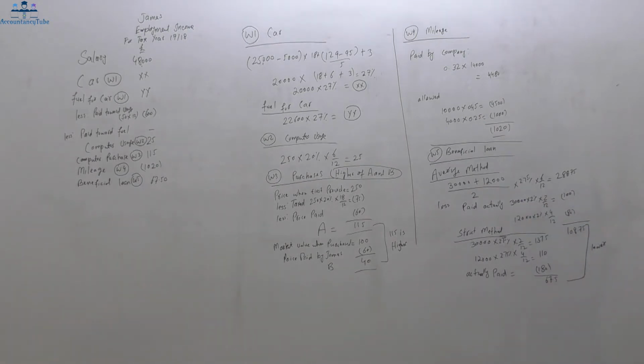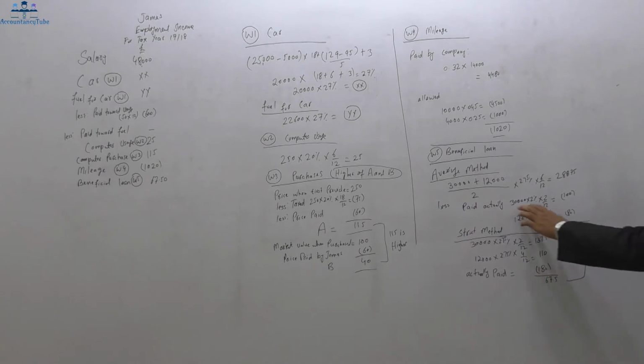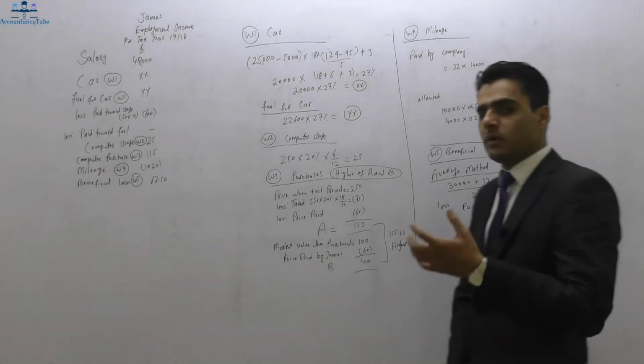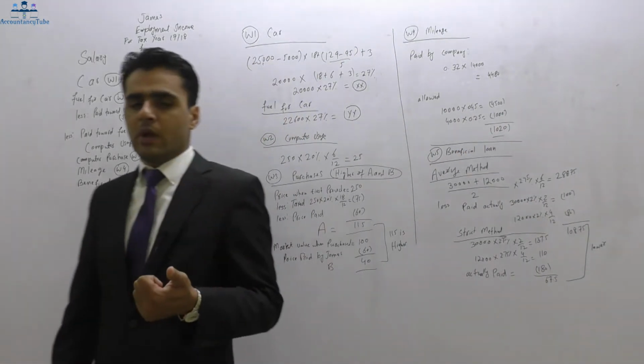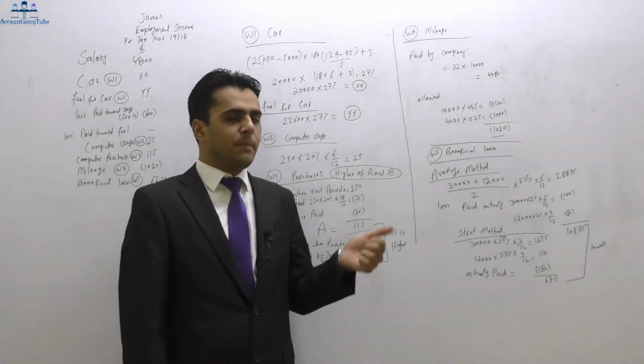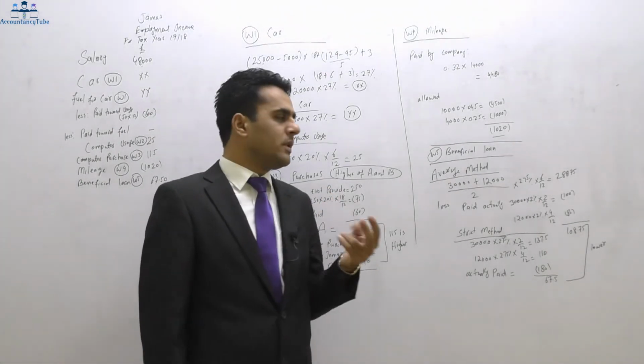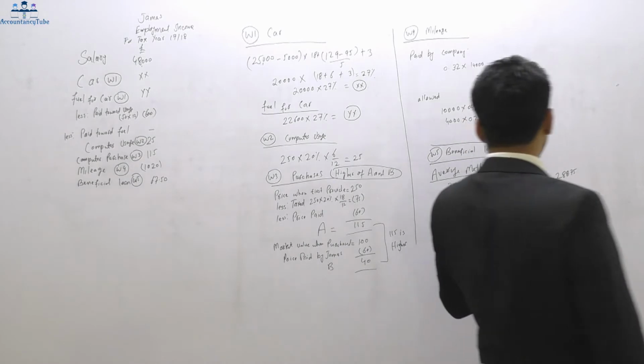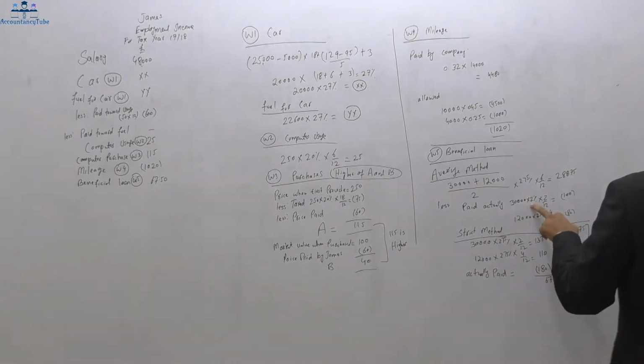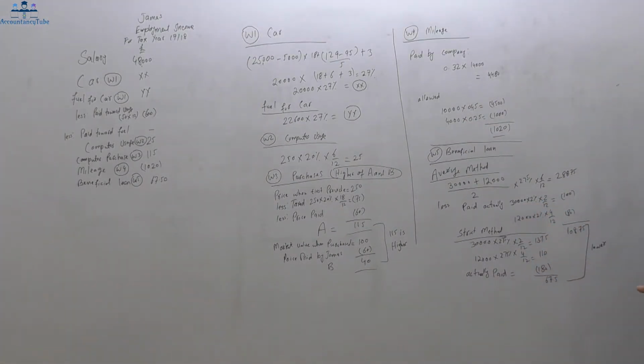So 30,000 pounds was the loan for 2 months. So it was 30,000 pounds for the 2 months from October to November, because in December he paid some payment. So it was only for 2 months, 30,000 pounds. 30,000 pounds multiplied by 2%, it was the interest which he was paying.